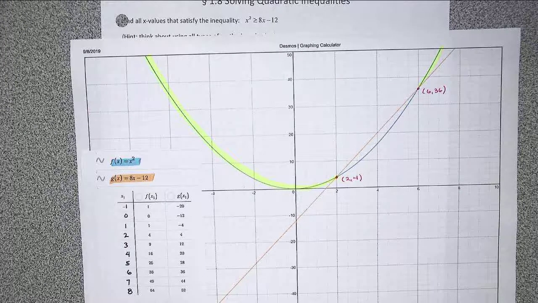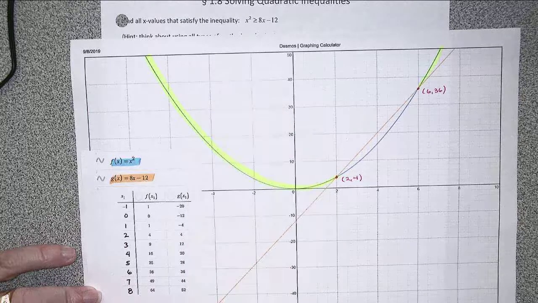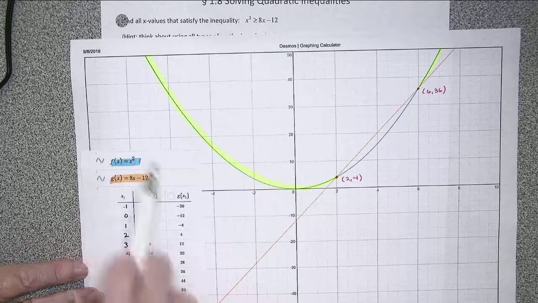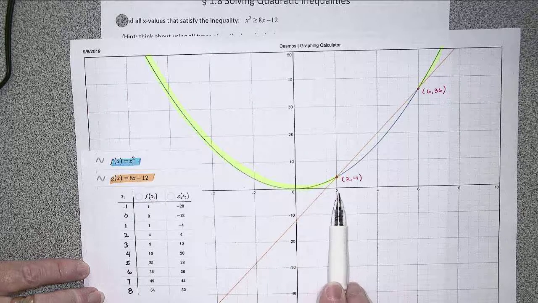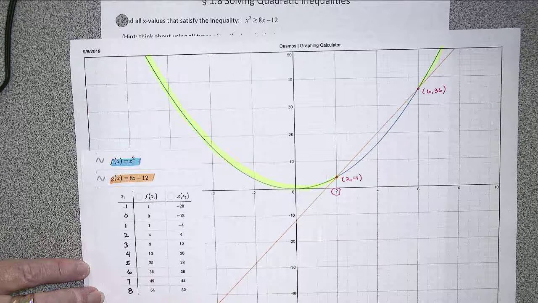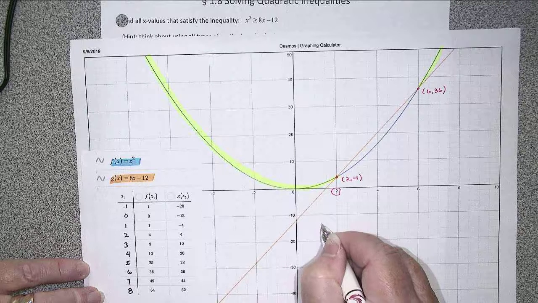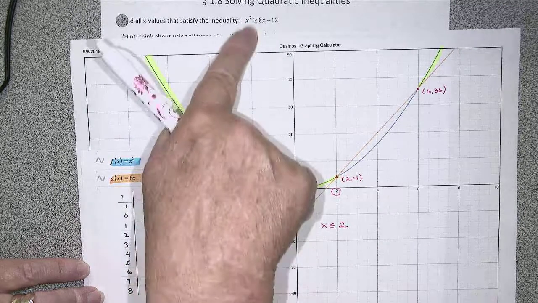These graphs are hints to the solution that we're looking for. What we really want to have happen again is for x squared to be greater than or equal to 8x minus 12. And it looks like that's true for all of the x values until I get to x equal 2. So x less than or equal to 2 makes this true.